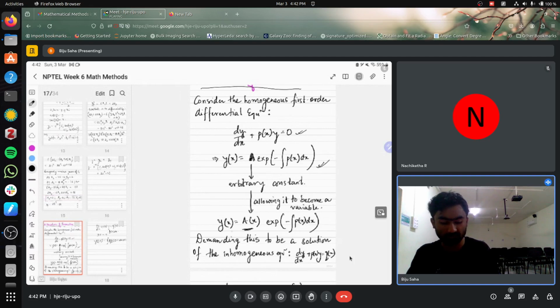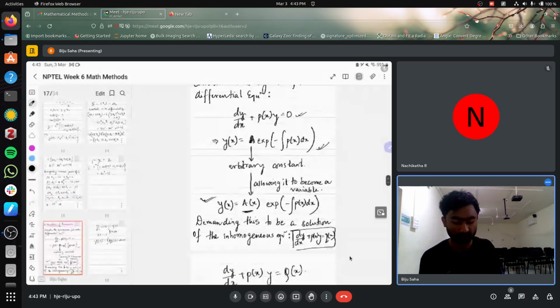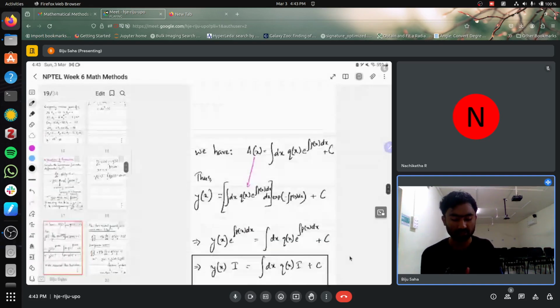With this, if you demand that this be a solution of the inhomogeneous equation, so ultimately we are trying to find the solution of this inhomogeneous equation, where instead of 0, it is a function q(x). When we demand that this expression is a solution of the inhomogeneous equation, we substitute it here.